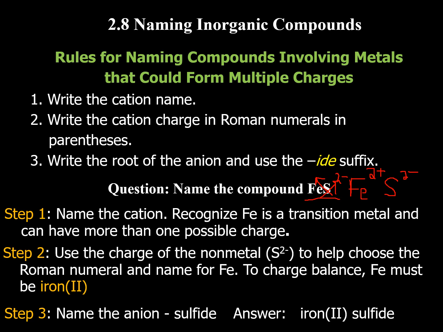And therefore, iron has to be 2+ for it to simplify into FeS. So if Fe is 2+ and S is 2-, when we uncross them, we come up with iron 2 sulfide as its name.